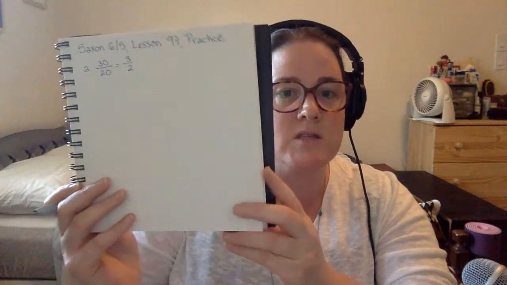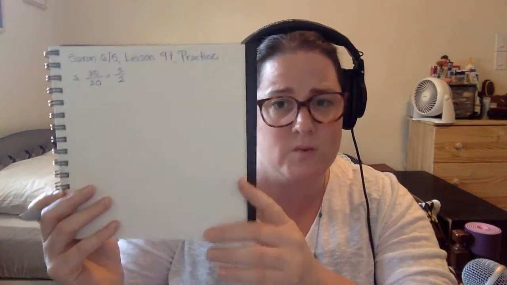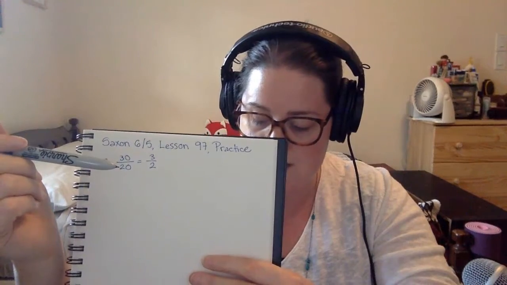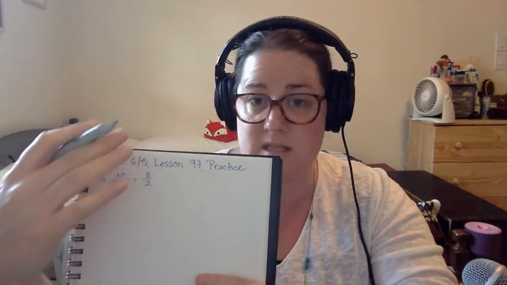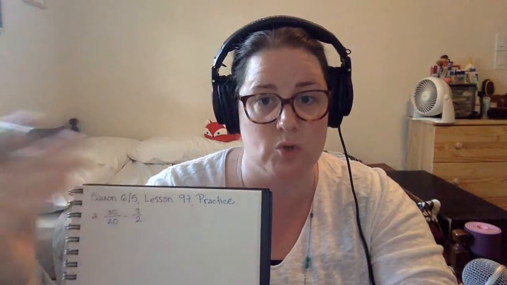I'm going to reduce this because I can and I should. And the ratio is 3:2. So what that means is that in Henry's backyard, his disgusting backyard that's full of gross animals, for every 3 jackrabbits, there are going to be 2 prairie dogs. Okay, that's what a ratio means. It's the relationship between those two groups.